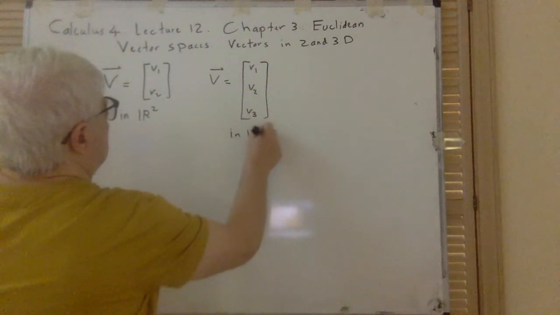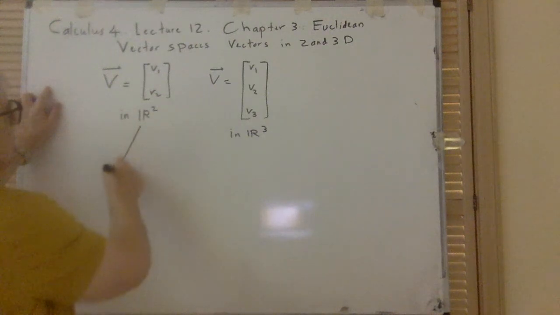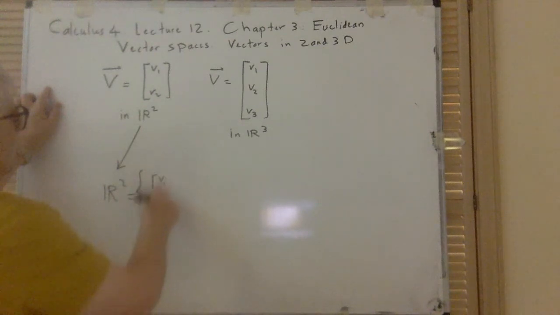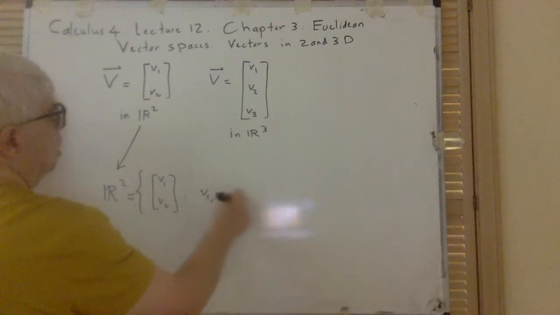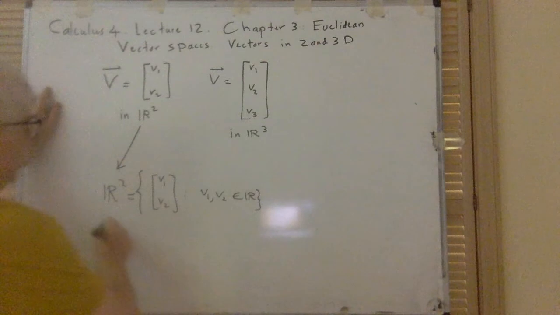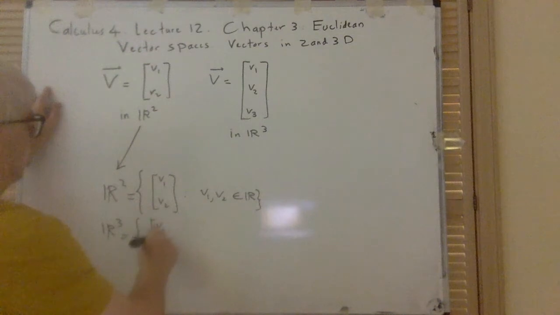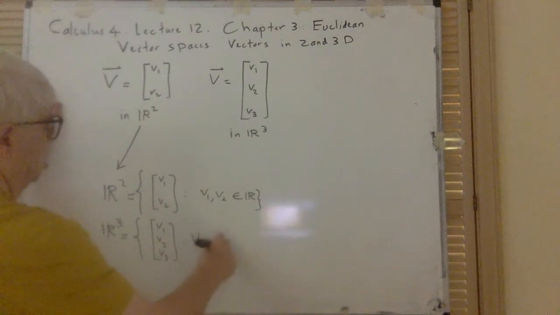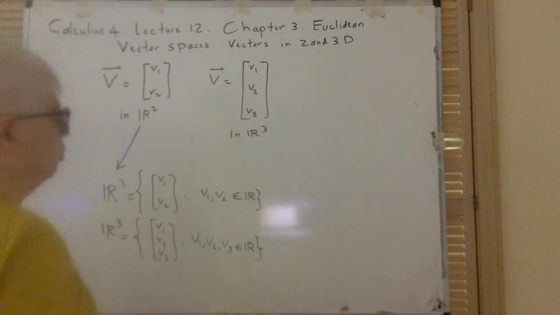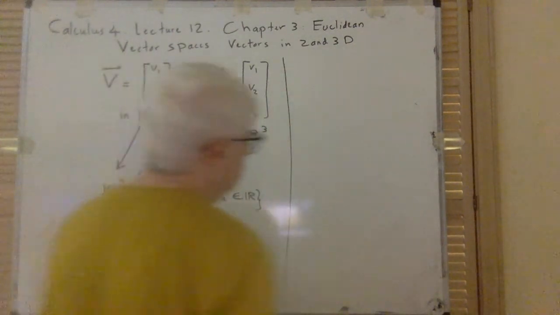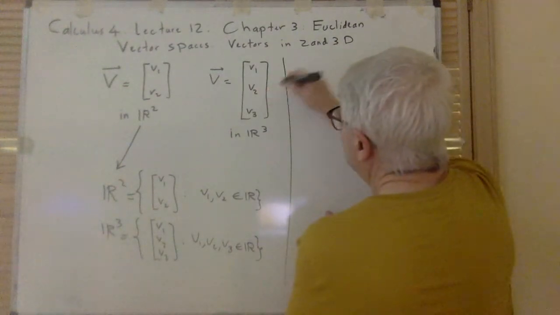So R2 is defined as vectors, or matrices, like this, where V1 and V2 are elements of R, real numbers, and R3 is things like that. And we define addition of vectors. Let's just write it in R3.